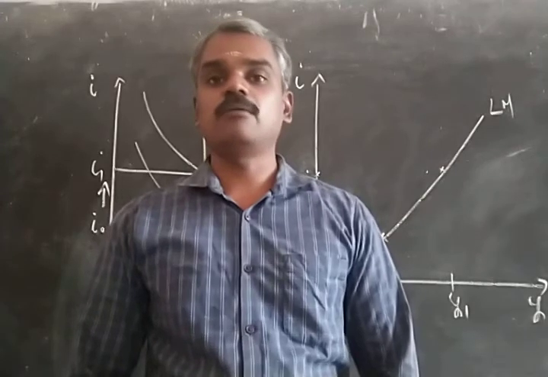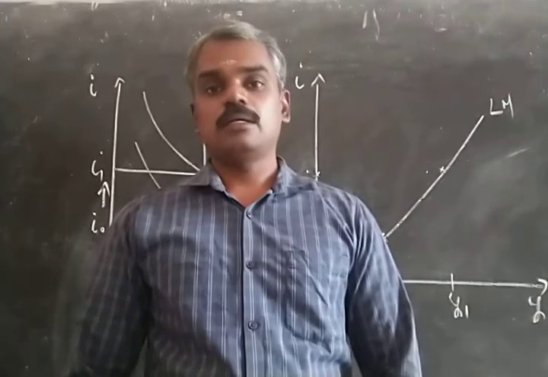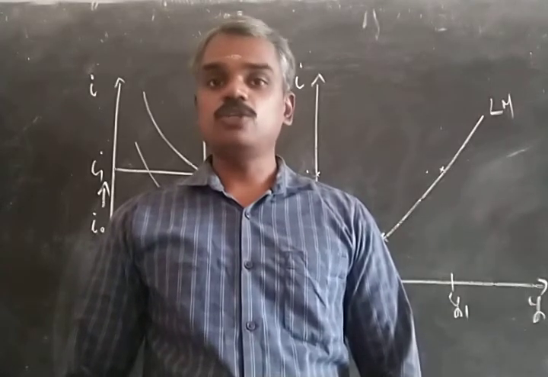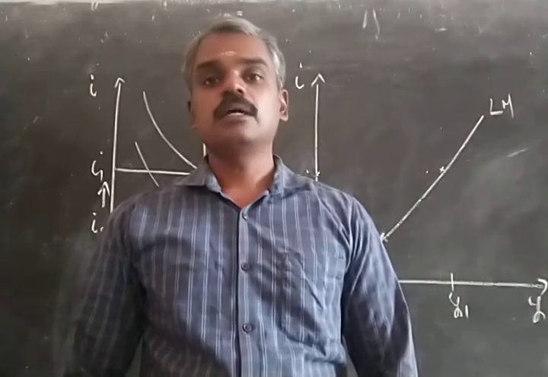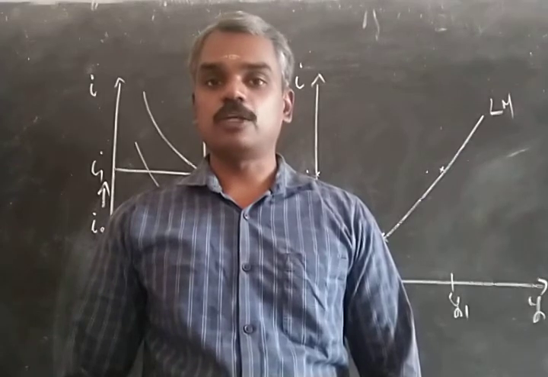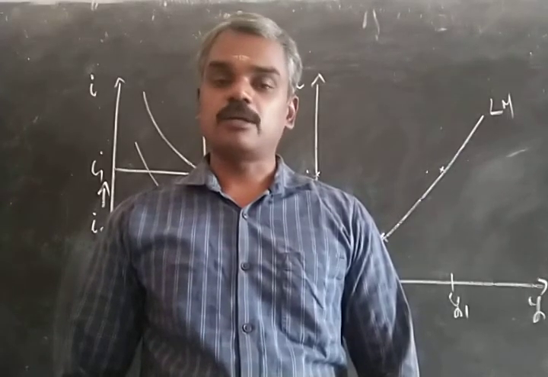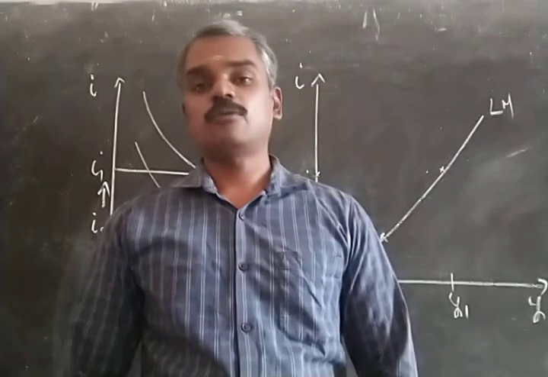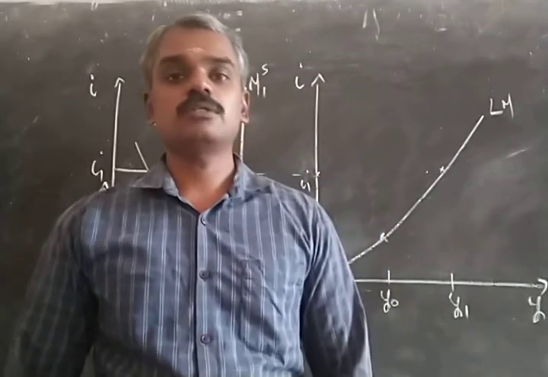How will this demand for money increase? We know that demand for money is a function of rate of interest, and it is a negative function of rate of interest. That is, demand for money increases when rate of interest falls, and demand for money falls when rate of interest rises.